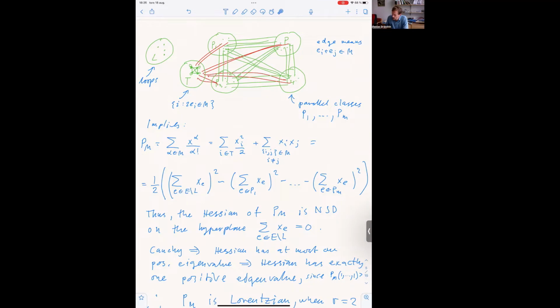But if we now define this exponential generating polynomial of an M convex set, we take all the vectors in the set and we take x to that, and we divide by alpha factorial. These are multivariate.